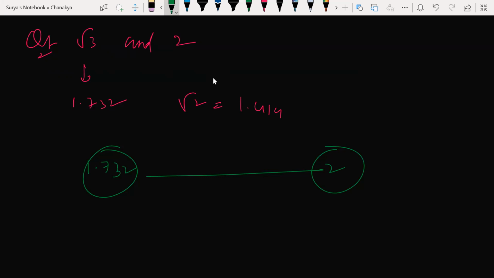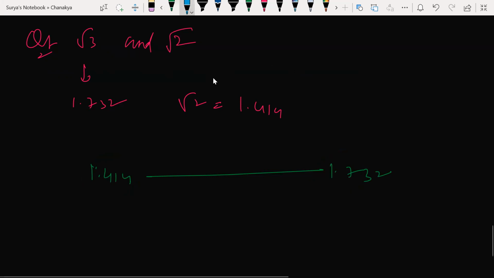Understood my point? If it is root 2, then we have to write the irrational numbers between 1.414 and 1.732, correct?